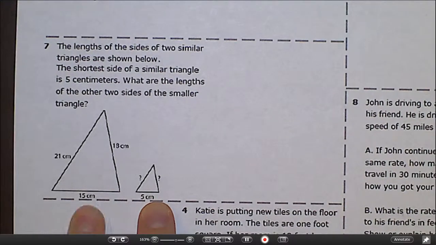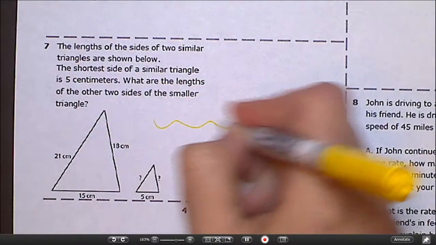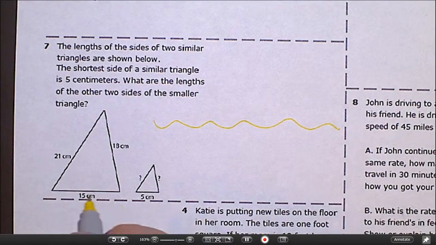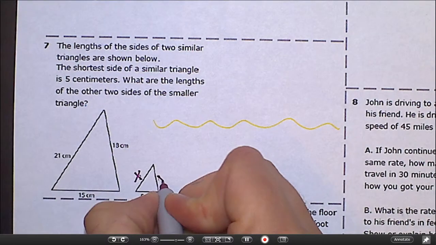Okay, and we know that on the big triangle it's 15 centimeters. What are the lengths of the other two sides of the smaller triangle? So we have this side and this side. So I'm going to do one of these with you. So let's go ahead and just kind of divide our space in half here. And let's call this one x, and let's call this one y.